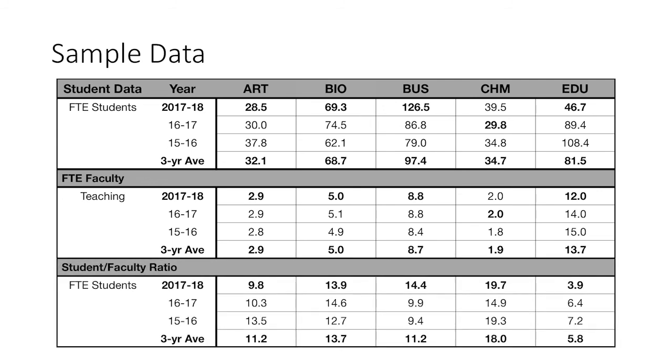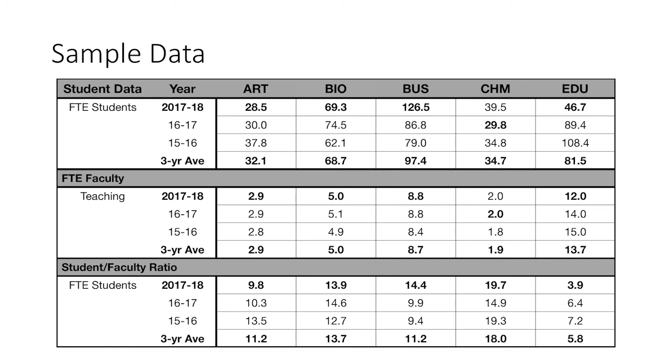So you can see that chemistry department has a ratio of 19.7 FTE students to 1 faculty member, and you can see that in teacher education, there's a ratio of 3.9 students to 1 FTE faculty member.